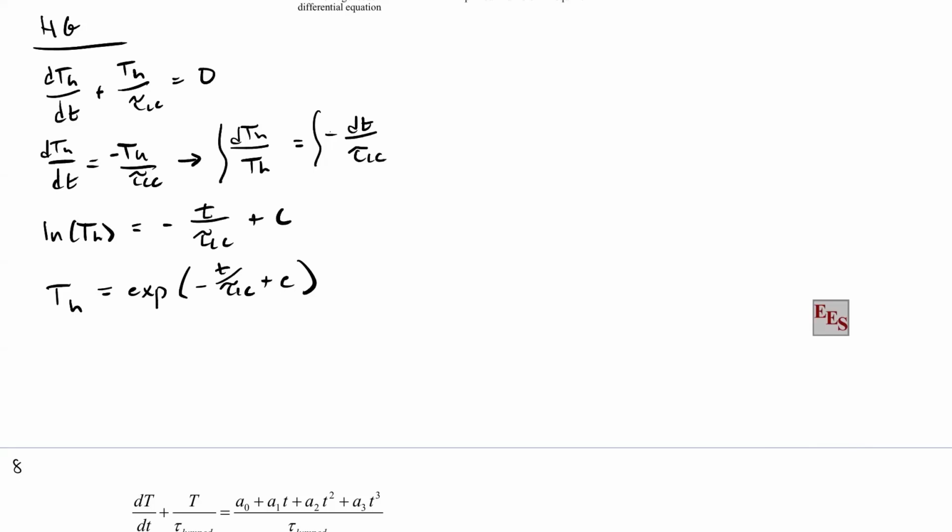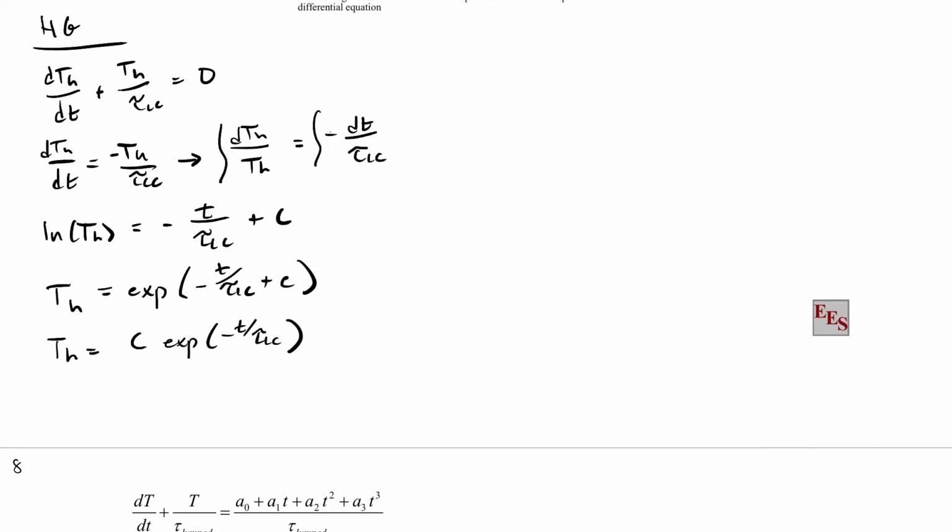The exponential of a constant is an unknown constant, so we can pull that out and multiply. If you take the exponential of two things that are added, you can multiply them together separately. So Th is just equal to C times the exponential of minus t over tau LC.